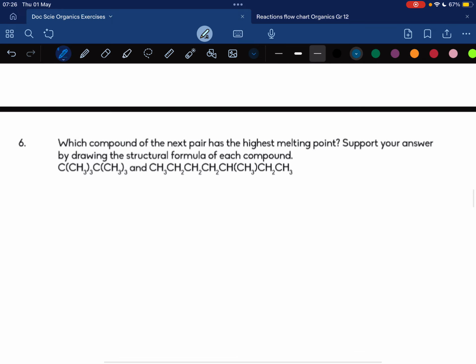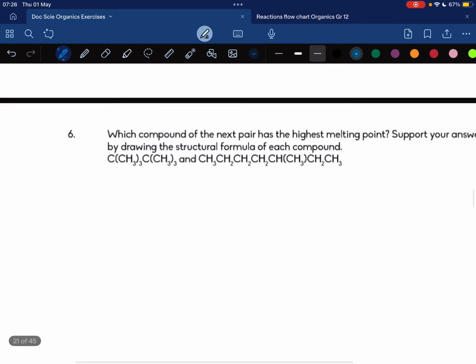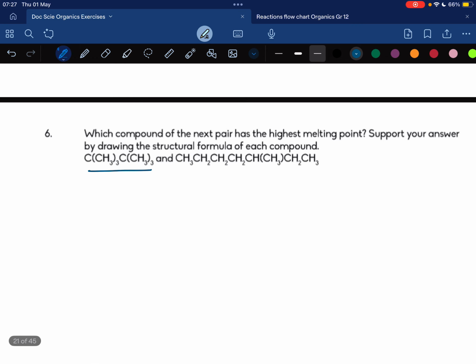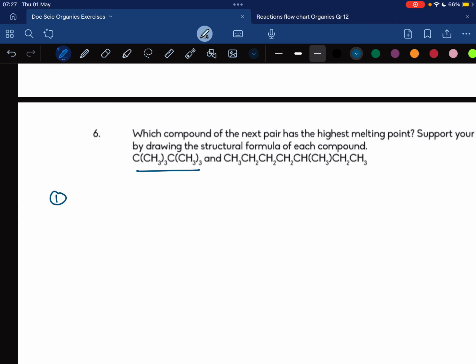So it says, which compound of the next pair has the higher melting point? Support your answer by drawing the structural formula for each compound. So we'll start with this one. I'll call that number 1. So we have C, CH3, C, CH3, and CH3.